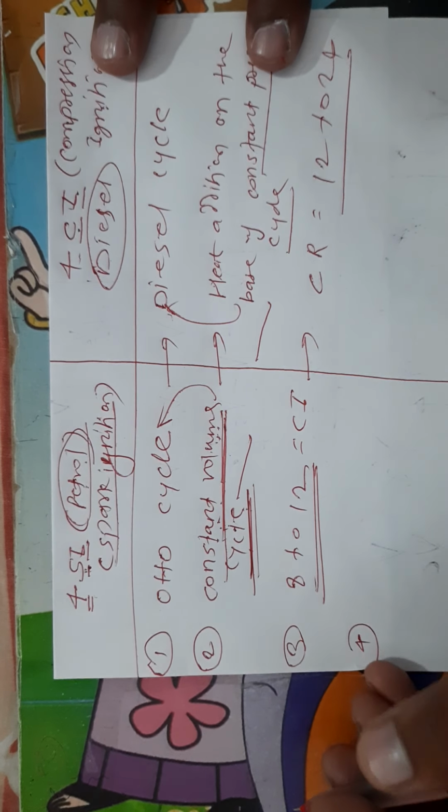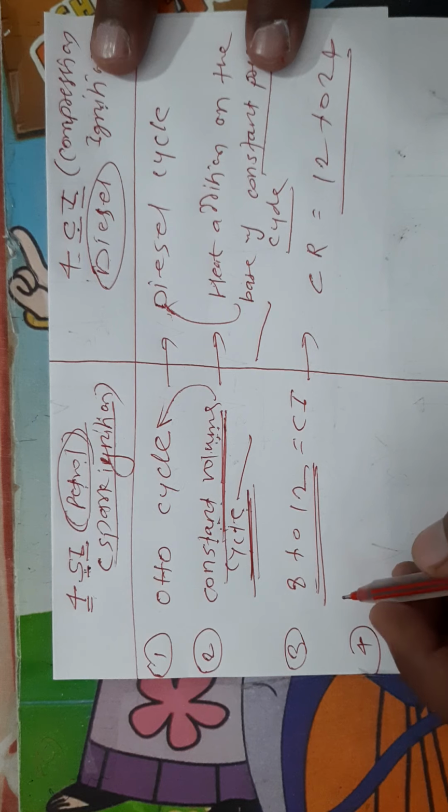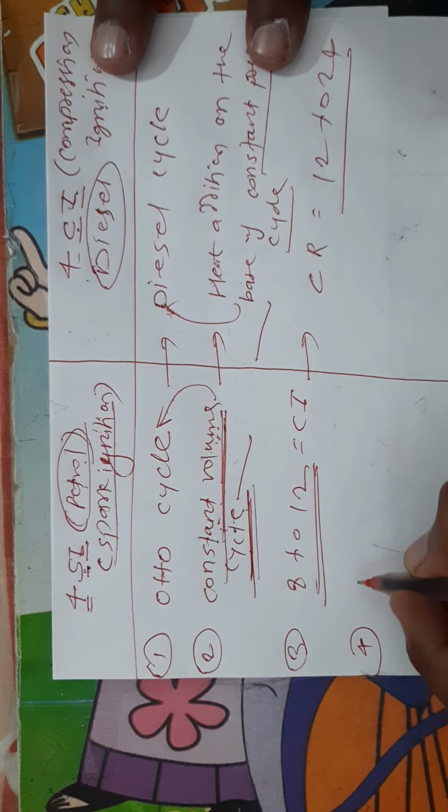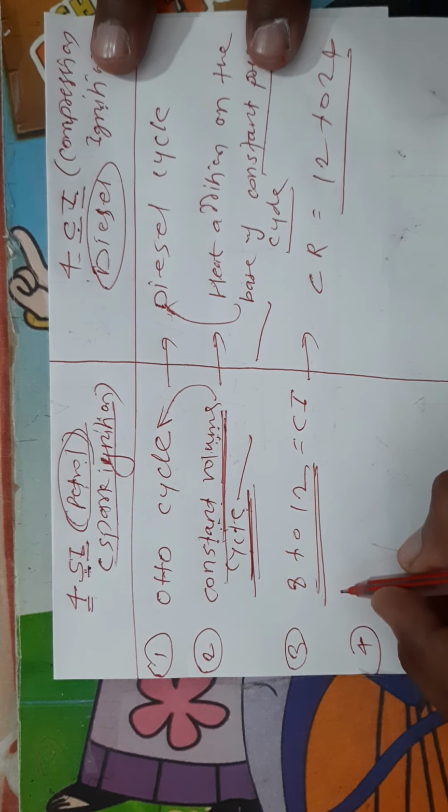You know very well the compression ratio we saw in our last lecture. So my dear students, the next difference is that our spark ignition engine takes petrol as input fuel.